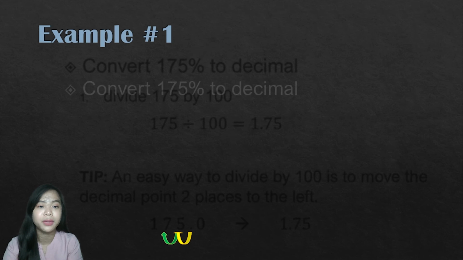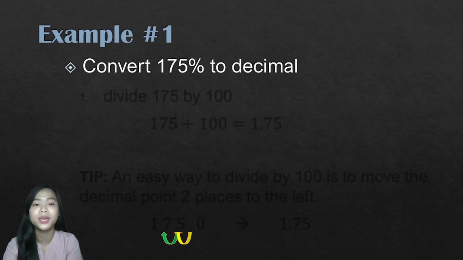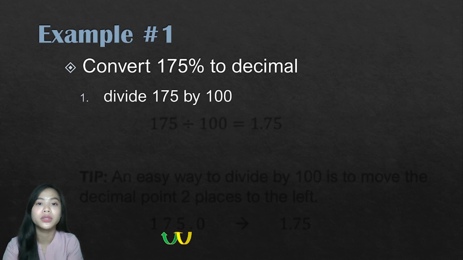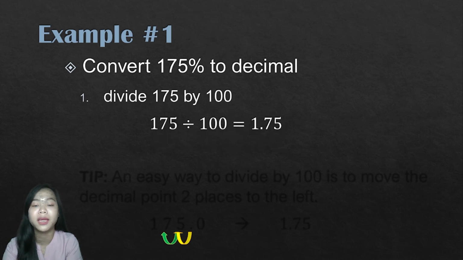First example, we have to convert 175% to decimal. So we just divide 175 by 100. We have 175 divided by 100, which is equal to 1.75.